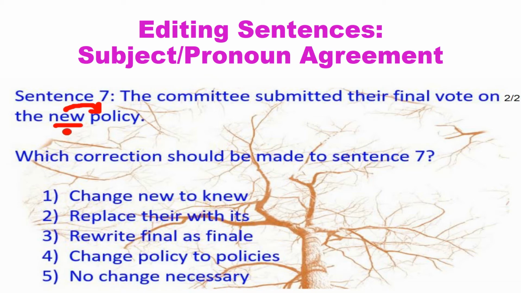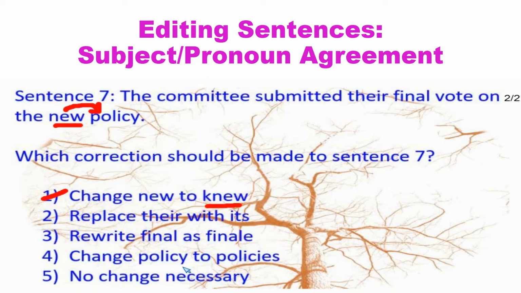So in terms of the correct word, new, this word is correct, whereas the word knew here is the past tense of know. And so we're going to eliminate option number 1 because it does not apply in terms of answering our question, which states which correction should be made to sentence 7.